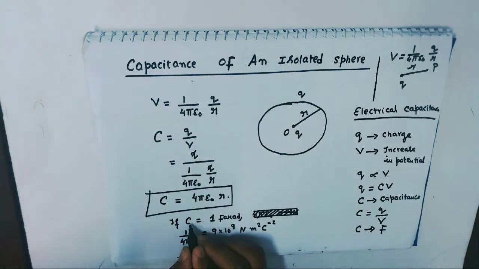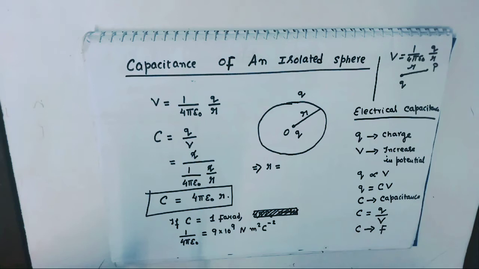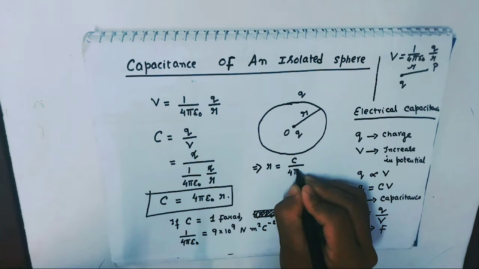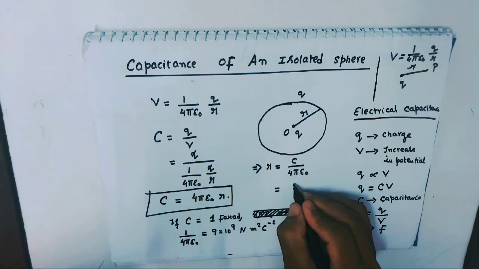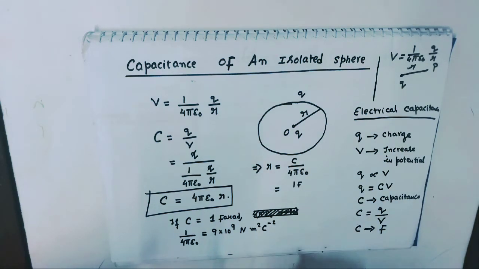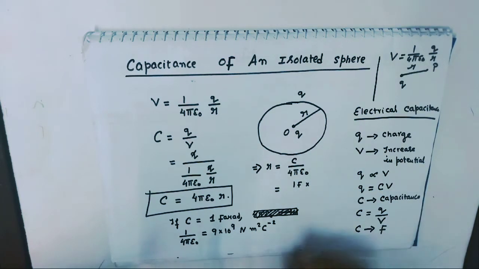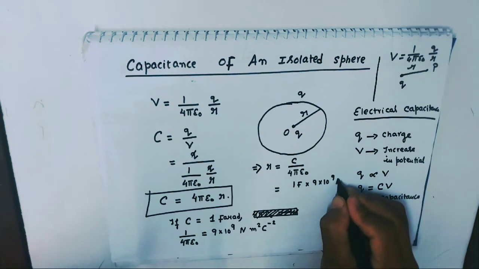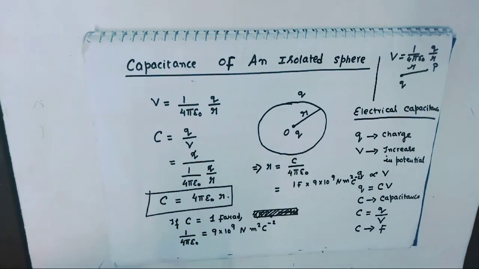If we put the value of C and this value of 1 by 4 pi epsilon naught in this equation, from here R equal C divided by 4 pi epsilon naught. So this is equal to 1 farad times 9 into 10 to the power 9 Newton meter square C to the power minus 2.